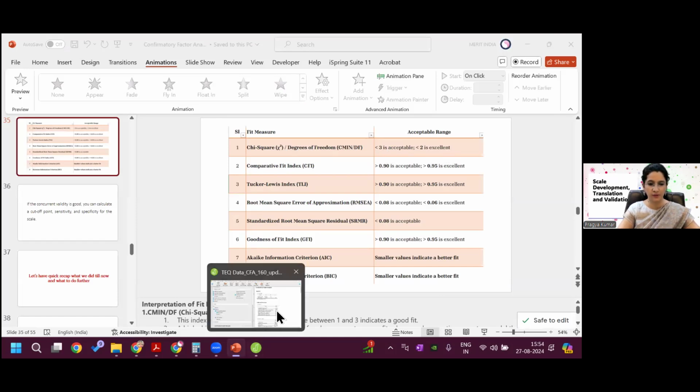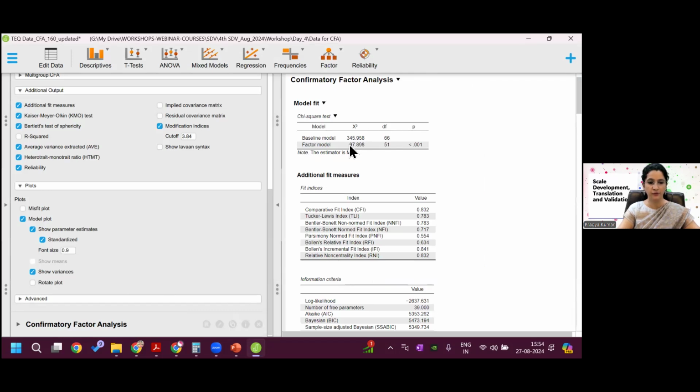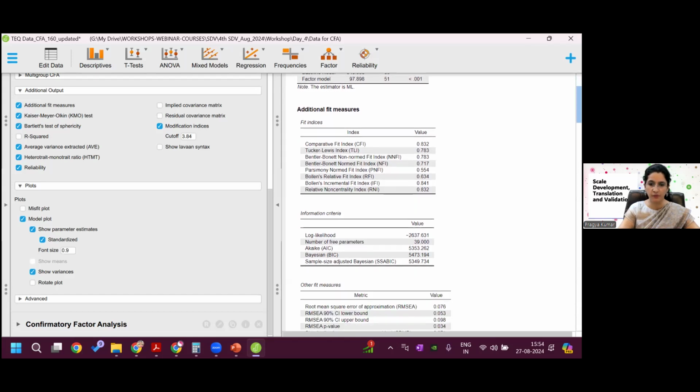If you take out the factor model, the chi-square as 100 and the degree of freedom as 50, generally it will be 2. Dr. Shamshad has calculated it, it is 1.9. If it is 1.9, you can say that it is an acceptable model. So the first conclusion you will write on the basis of the chi-square test is that it is a good fit, very good fit.